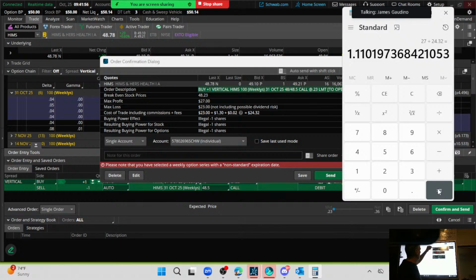There we go. 3.8% for a covered call, 109 for the debit spread for the $1 spread, and then 111 for the 50-cent spread. Still, they all look pretty good.